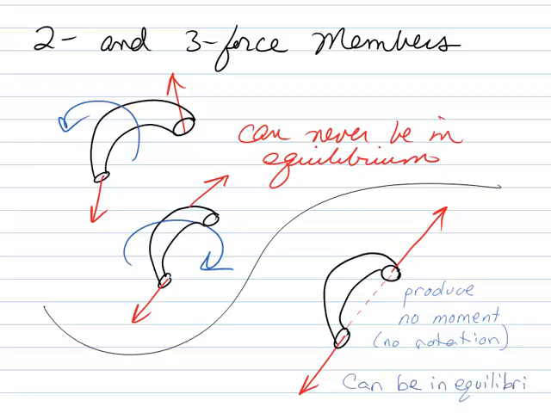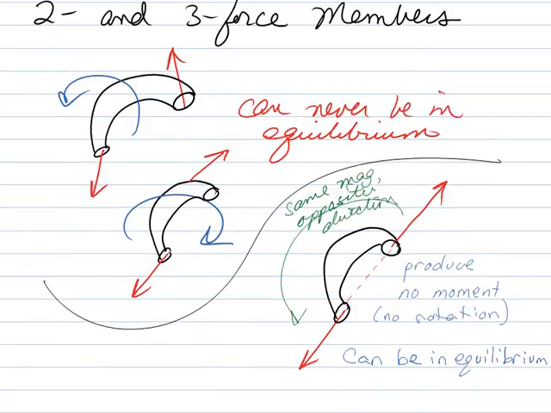So if you ever notice yourself having a structure that has 2 forces on it, for it to be in equilibrium, in statics, these have to be the same magnitude and opposite direction. So that's your 2-force member bit.